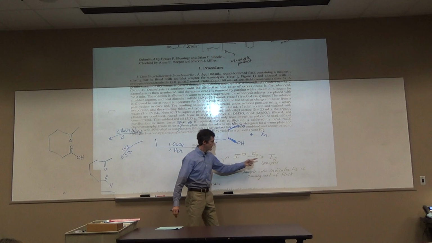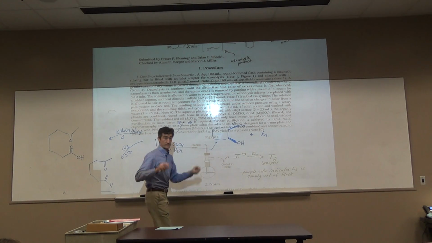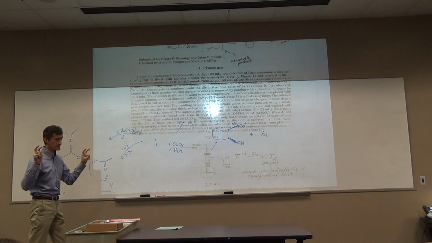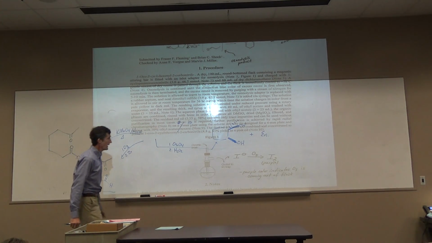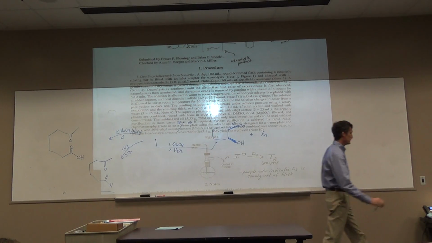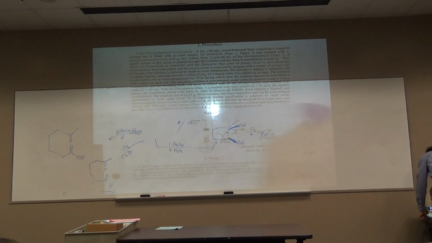This gets converted to that, and this gets converted to something else, so it's destroyed. That's called scrubbing the gas as it comes out. So iodide can scrub the ozone. So some practical information there.